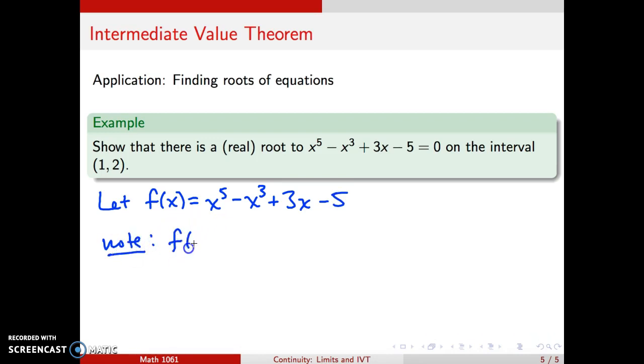Alright, so let's note f of 1 equals 1 minus 1 plus 3 minus 5. I think that's negative 2. Double check that.